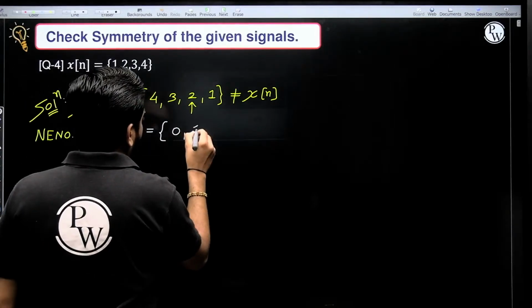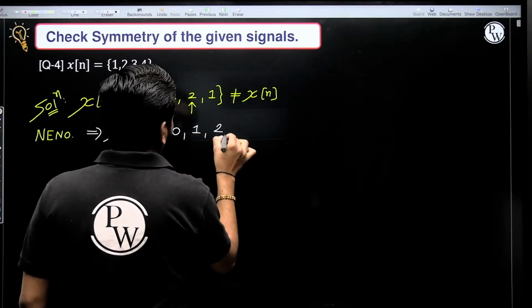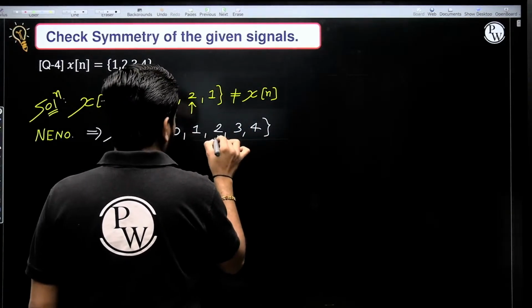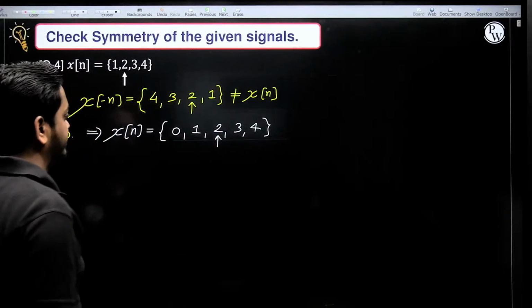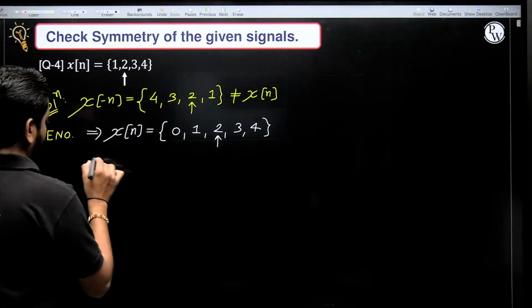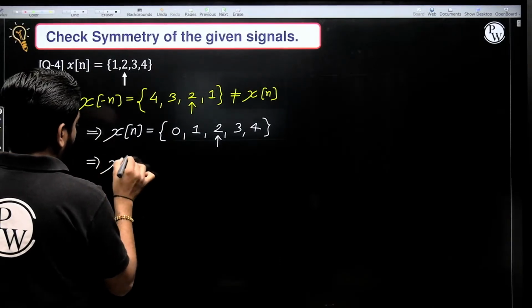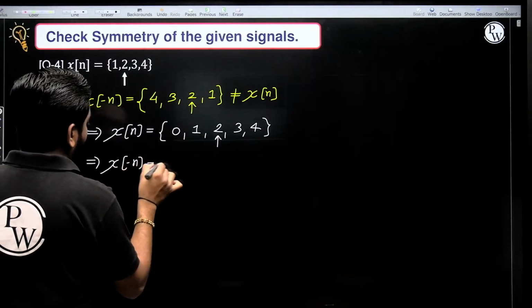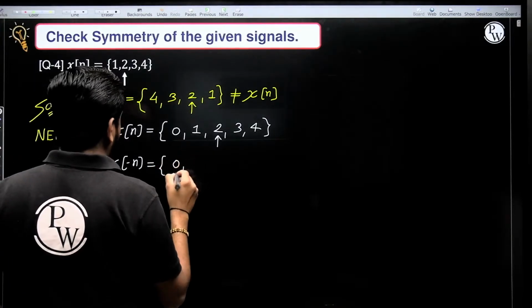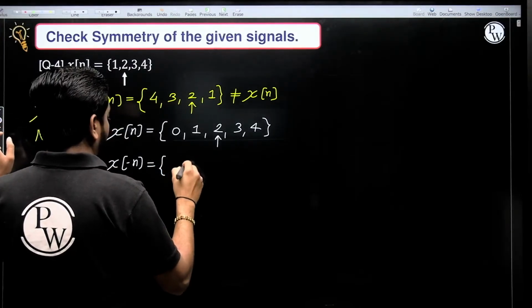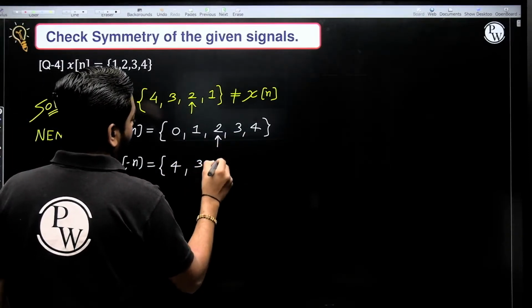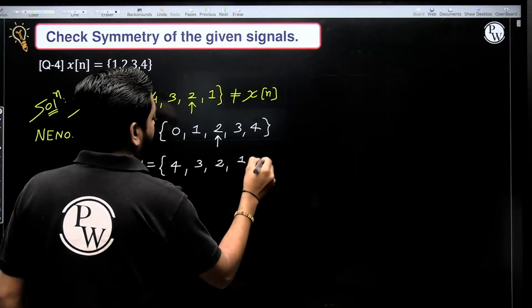So 0, 1, 2, 3, make equal number of samples. Left side, right side, equal number of samples. Equal number of samples not there, then add 0 like this. Then next is x of minus n required to find its odd part and even part. So minus n required. This is again 0. Time reversal. And this is 4, 3, 2, 1.